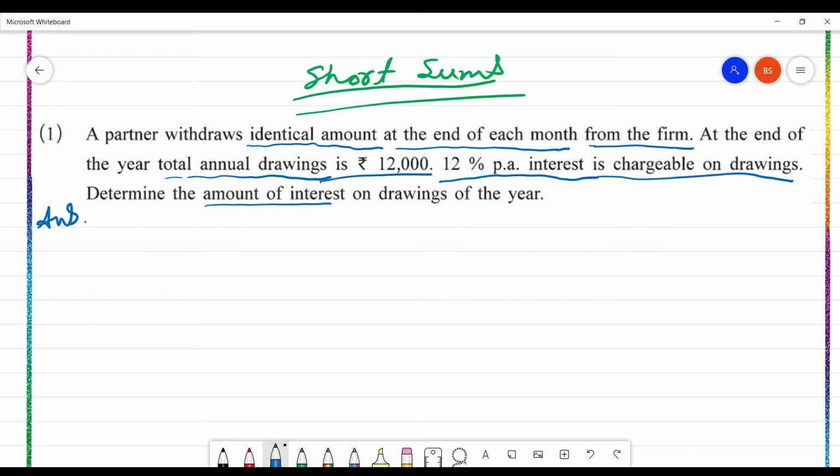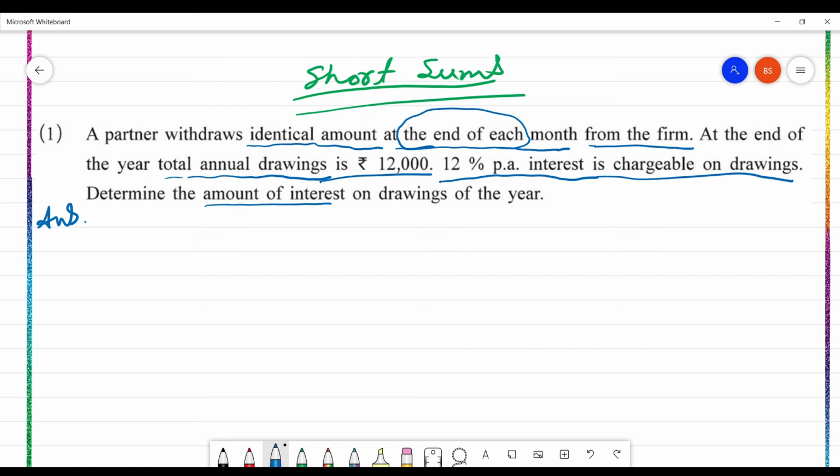If any partner has withdrawn an identical amount at the end of each month, then capital N will be taken as 66 upon 12. Here, a partner withdraws an identical amount at the end of each month. So, capital N will be taken as 66 upon 12.